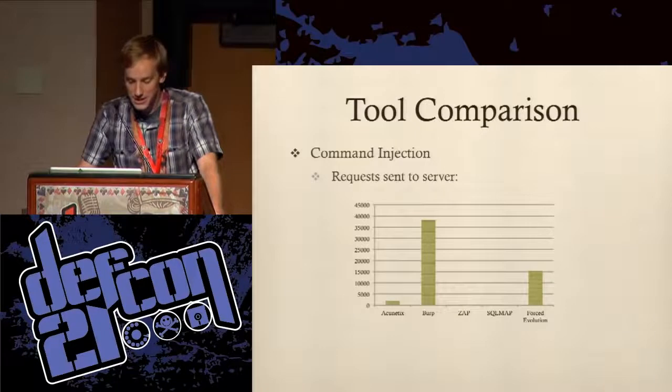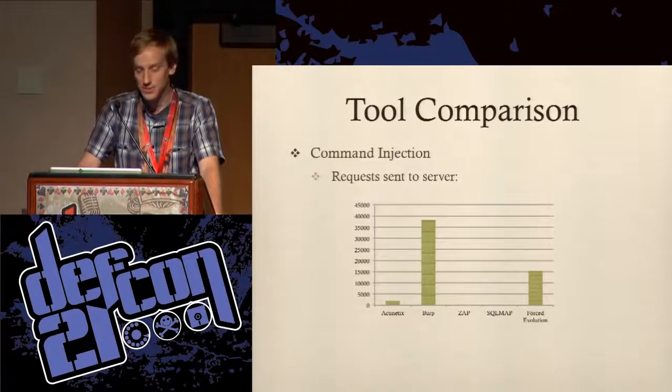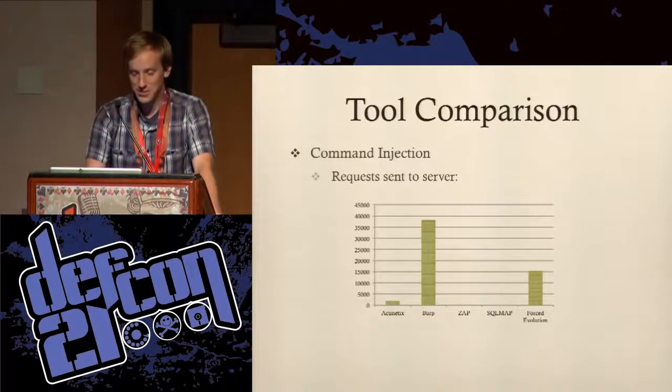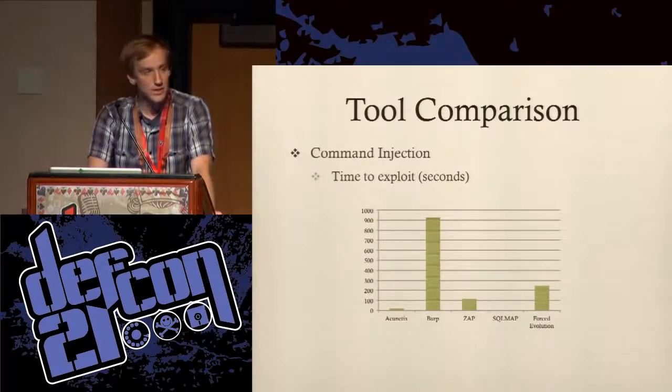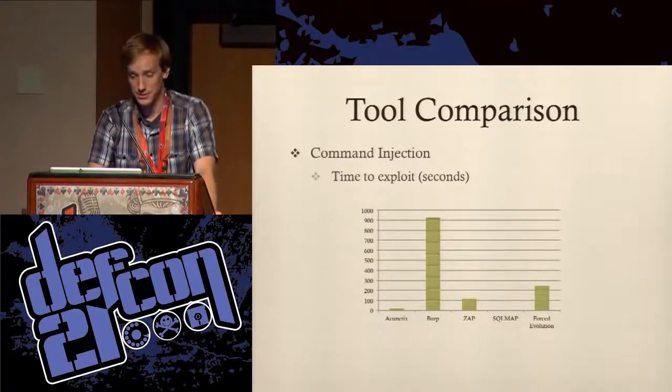Forced evolution sends, on average, maybe 10 to 30,000 requests to a server. So this is not exactly a stealth attack tool, but we'll get into some of the pros later. The time to exploit is usually dependent on network latency, so these will fluctuate a little. But forced evolution does perform well compared to some tools, and not very well at all compared to others.